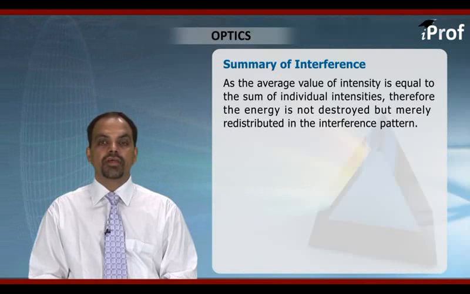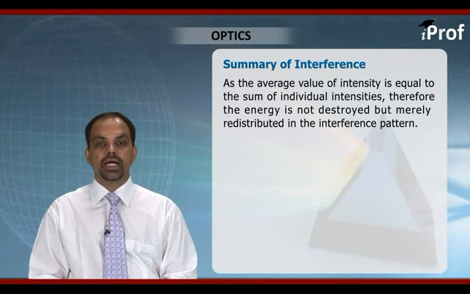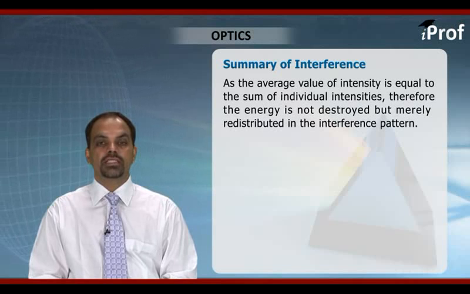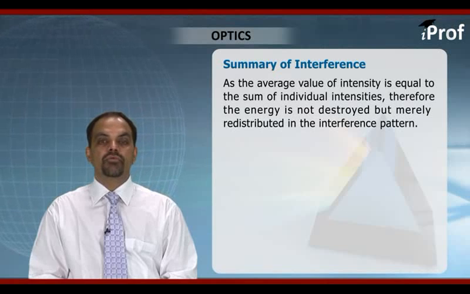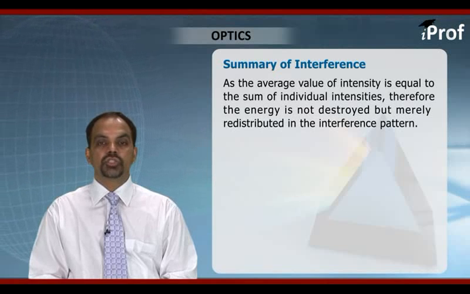In case of interference, the intensity at any point is given by I equal to I1 plus I2 plus twice under root I1 I2 cos delta. Now the third term in the expression for resultant intensity has an average value 0, as shown on the screen. So we come to the conclusion there is no destruction of energy, it is simply a redistribution.